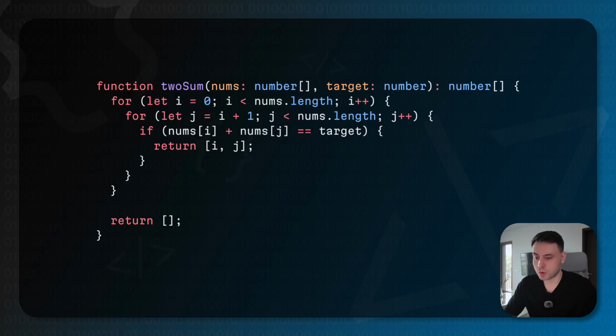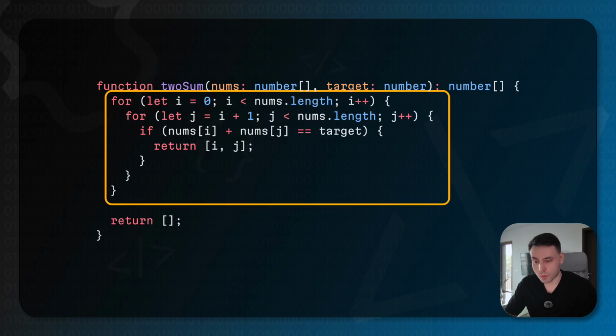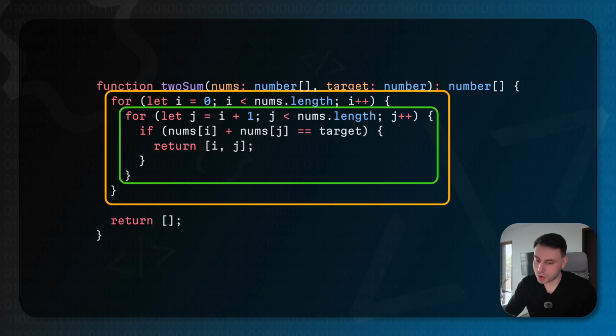Now let's think about time and space complexity. Does this approach actually perform well? The brute force approach checks all possible pairs in the array using two nested loops. The outer loop goes through each number and the inner loop checks every number that comes after it. This means for an array of size n, we perform roughly n-squared comparisons in the worst case.